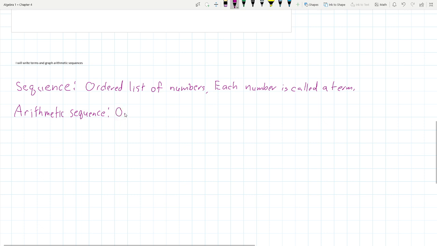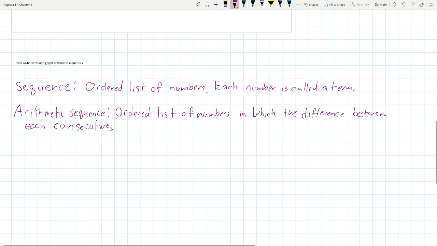And this is an ordered list of numbers in which the difference, or the change, or kind of the going from one to the next, in which the difference between each consecutive term is the same.